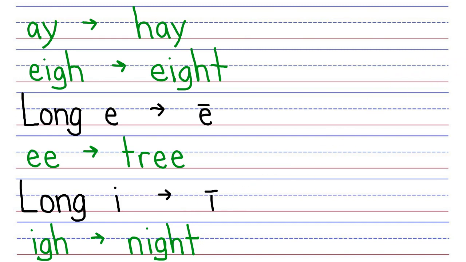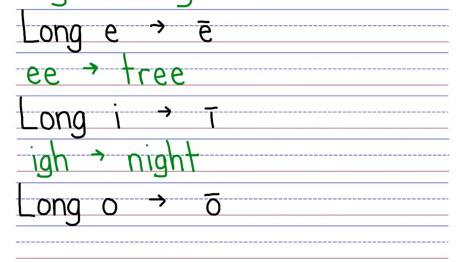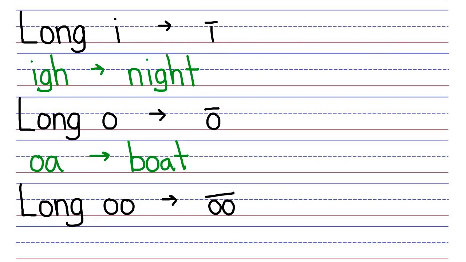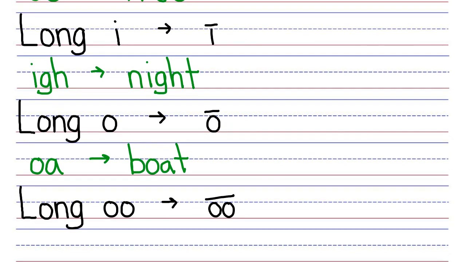Now let's look at long O. For long O, we have learned that OA says O, as in boat. B says B, OA says O, and T says T. How about long double O?